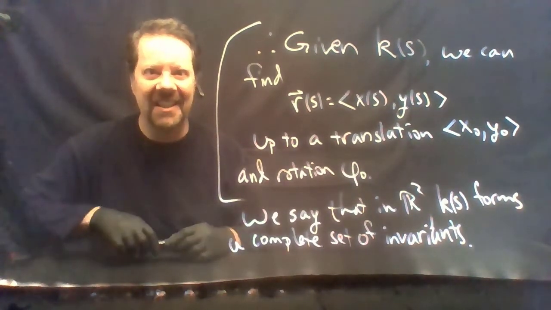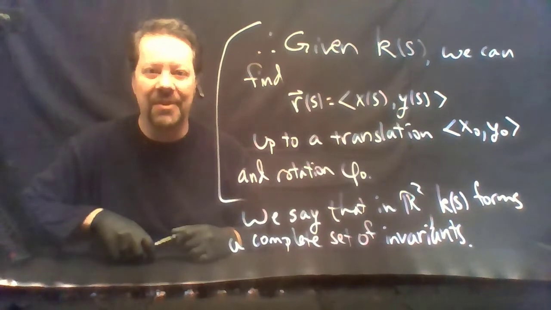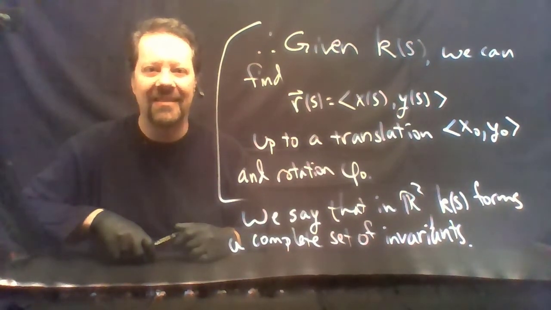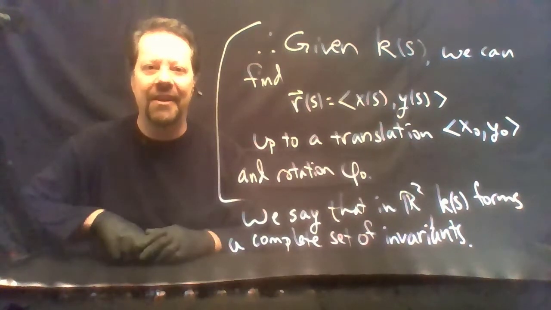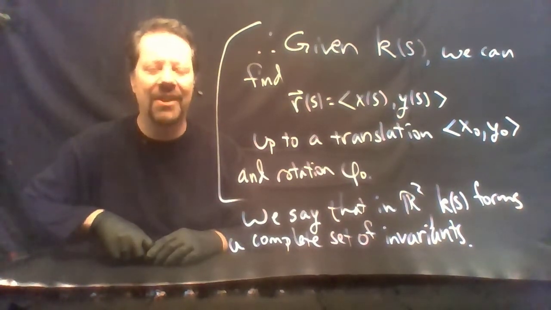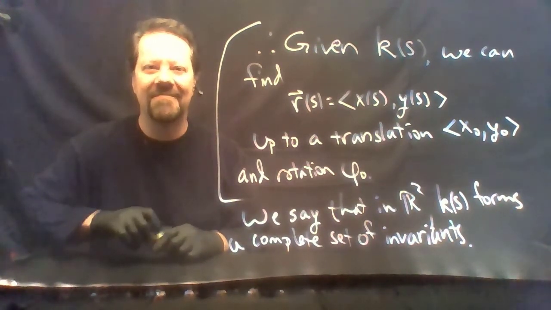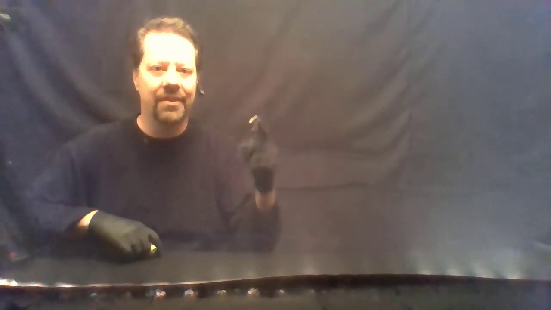I'll say that again. All of the geometry of a plane curve is completely determined by one scalar valued function, the curvature. Given the curvature, you can reconstruct the whole curve up to a rigid motion. In R3, it takes two scalar invariants to completely determine the curve, the curvature and the torsion.